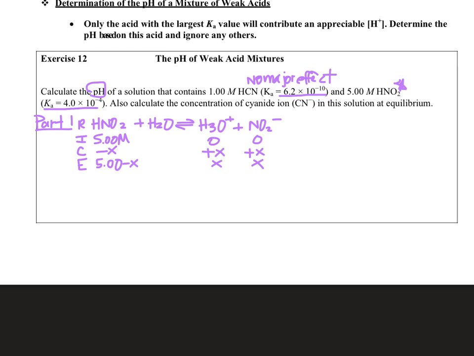So in this scenario, this one would dissociate first, right? Because it is the highest Ka value. And so when we solve for it, I'm going to do this over here, my Ka, which is going to be 4.0 times 10 to the negative fourth is equal to H3O plus and A minus, oh, not A minus, we're going to go with NO2 minus.